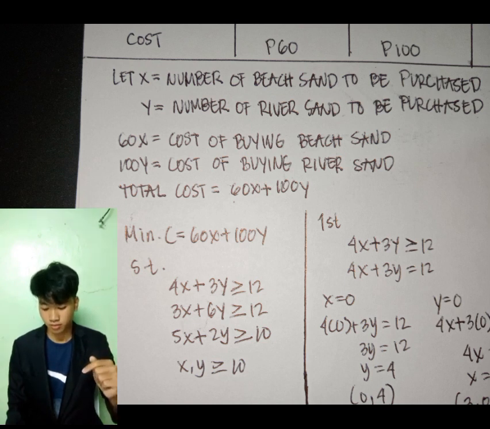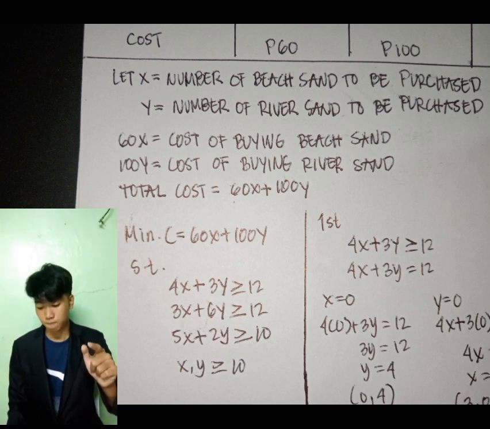The total is 60x plus 100y. Let's find the C, or cost, the mean cost.